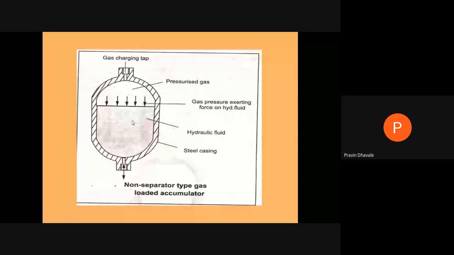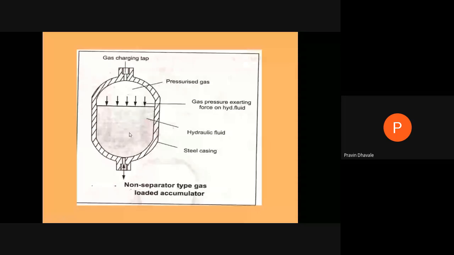Whatever the fluid, when it is coming inside the accumulator, it has a certain kind of pressure fluctuation that gets normalized, because the gas present on the top side absorbs it by this compressible gas.